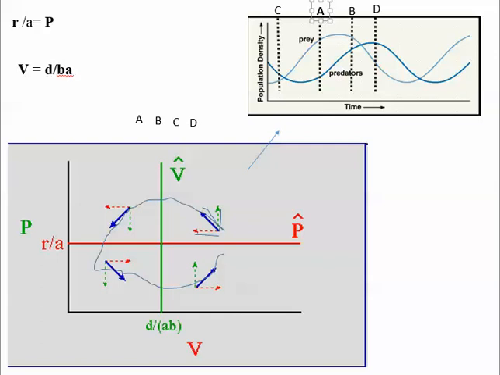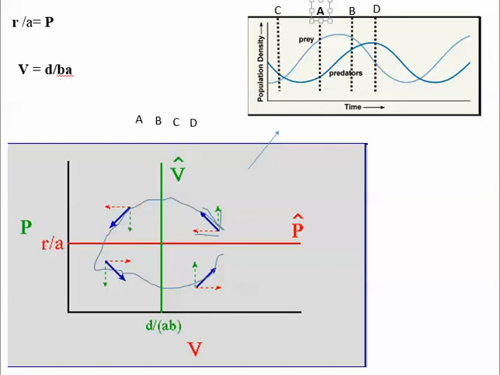So right here we have a case where predator populations, as indicated by the heavy blue line at the letter A, are increasing, and so are the populations of prey. Where would we find the conditions under which predator populations and prey populations were both increasing?